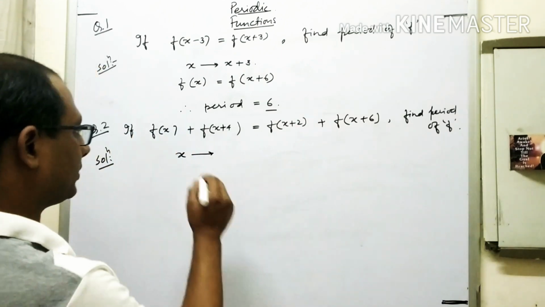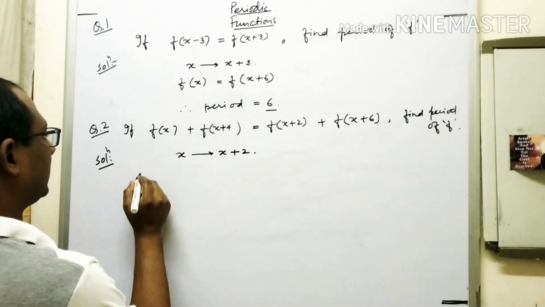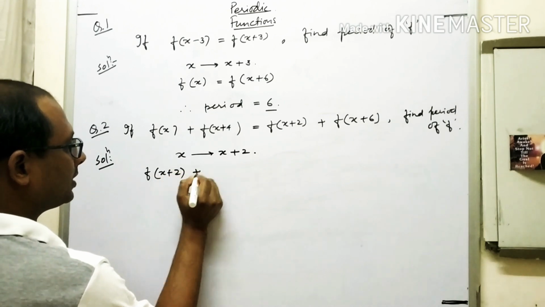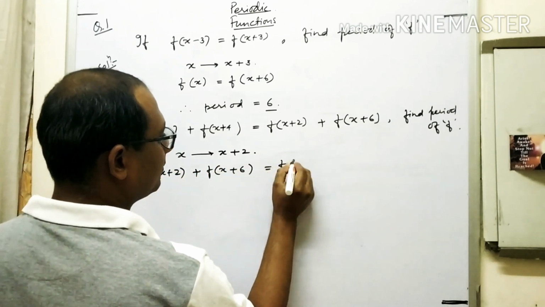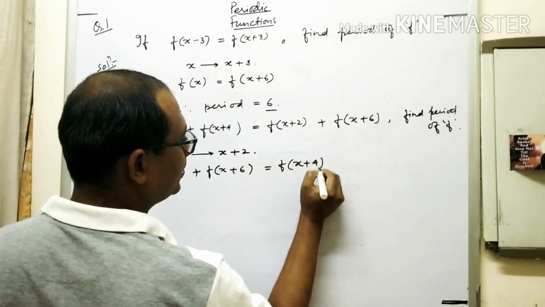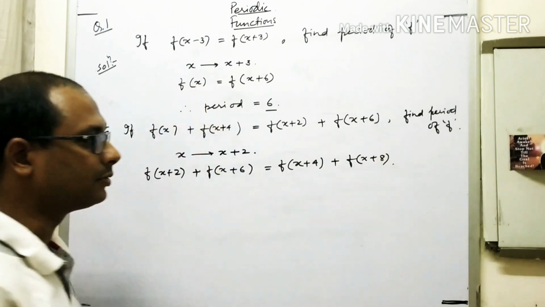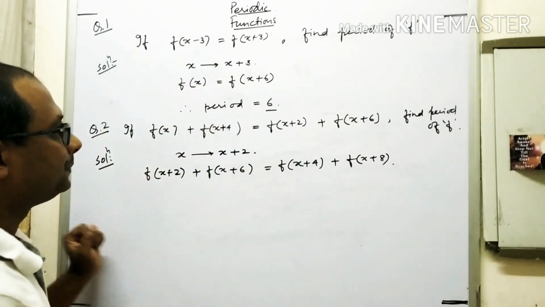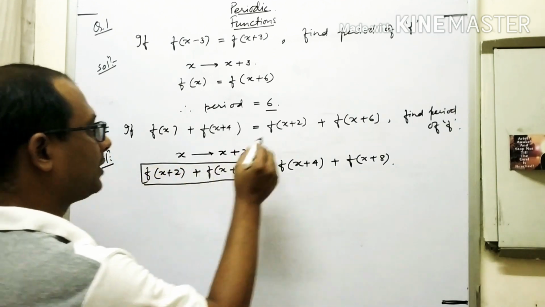We are going to replace x by x plus 2 and check what will happen. On the left hand side we'll get f of x plus 2 plus f of x plus 6, which is equal to f of x plus 4 plus f of x plus 8. This is a new equation we have got by replacing x by x plus 2.